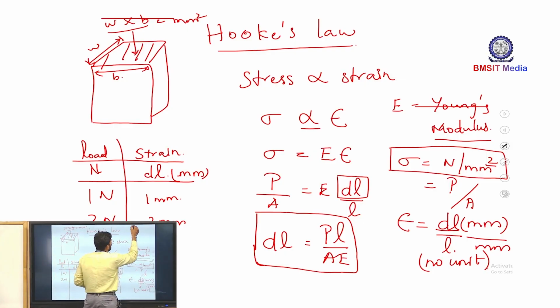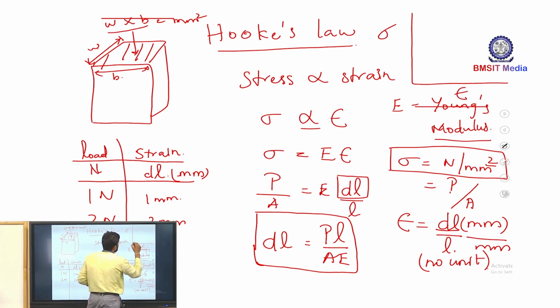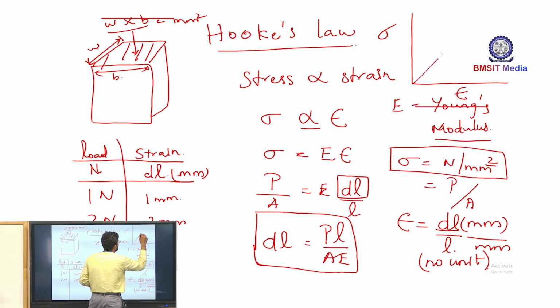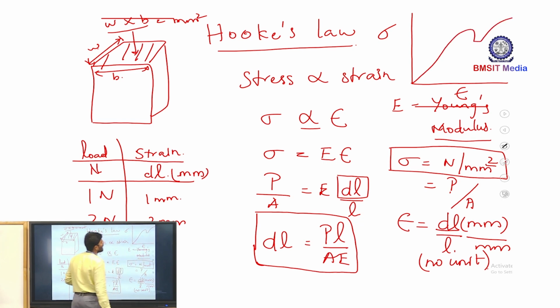If I draw a stress strain graph, this is my stress and this is my strain. This is the typical stress strain graph for your mild steel. What does it say about Hooke's law? Till here it is directly proportional.